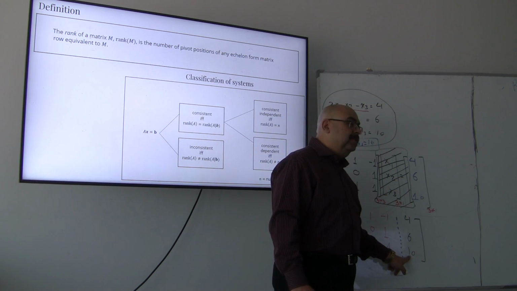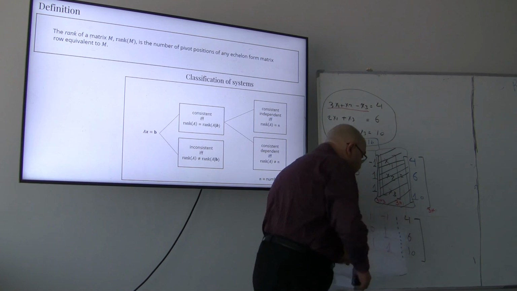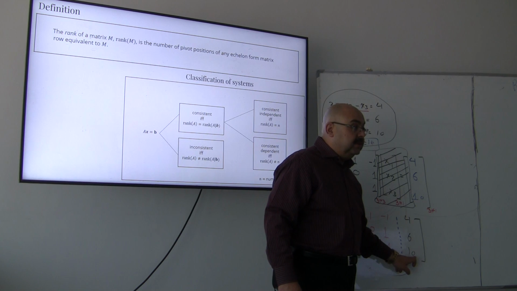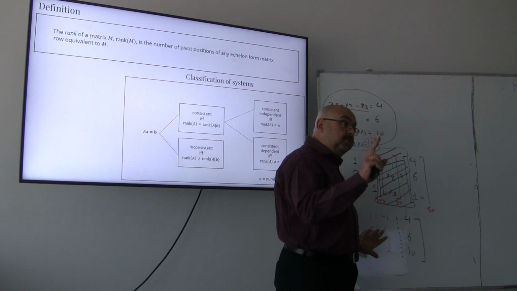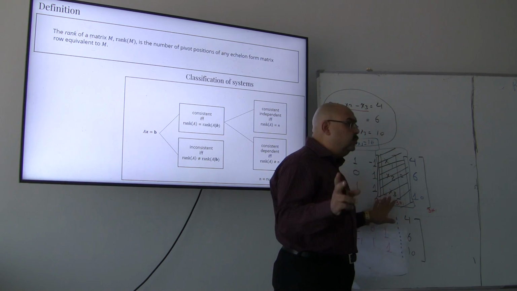This is not 0. So it's 0 below, it's 0 to the left of the blue line, and it's not equal to 0 to the right. Such a case will make the rank of the coefficient matrix 2, while the rank of the augmented matrix is 3. In such a case, there is no solution.